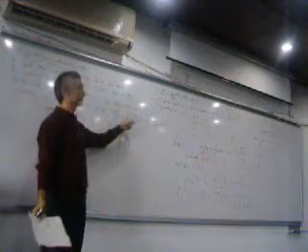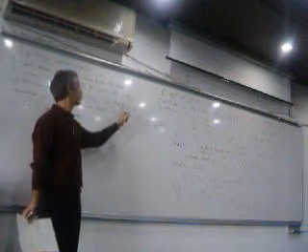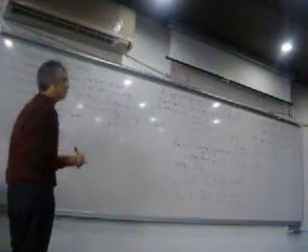If you have an nth order equation, how do you go from an nth order equation to a system? Say dy over dt equals v.